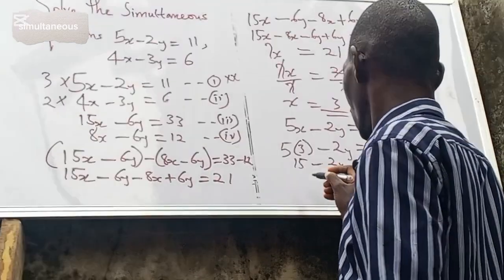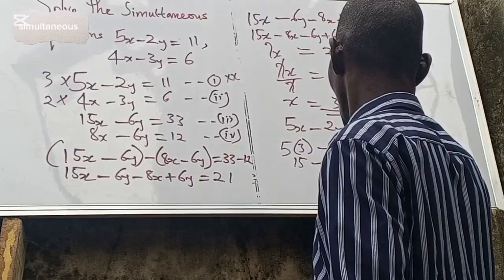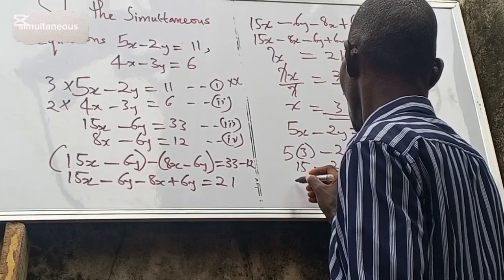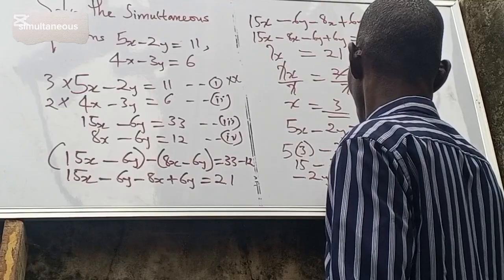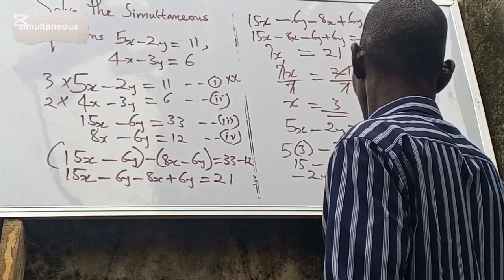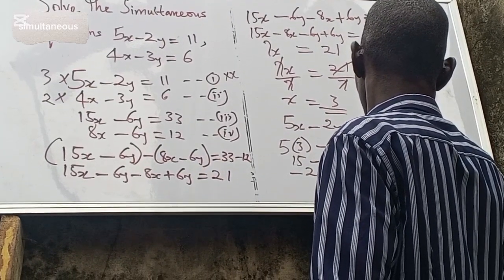Are you following? So y is what we want to get. You have minus 2y is equal to 11 minus 15.